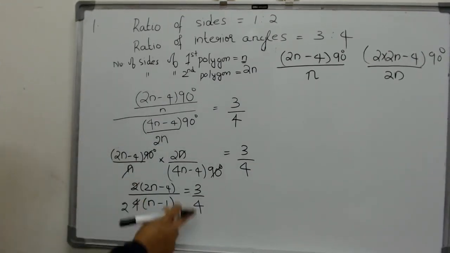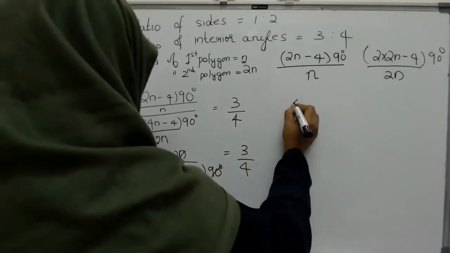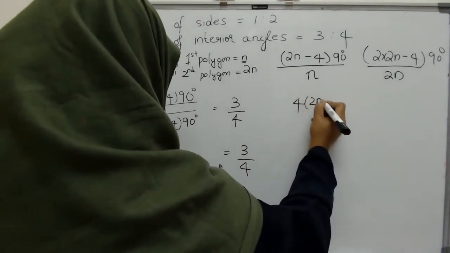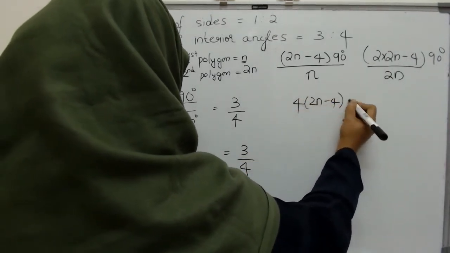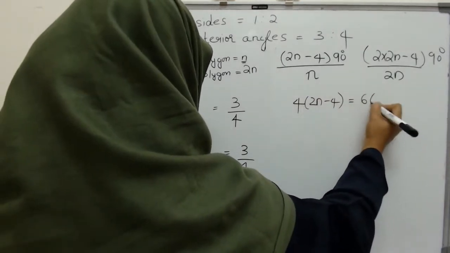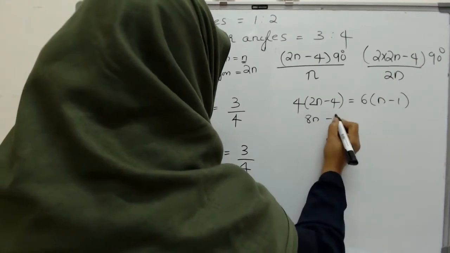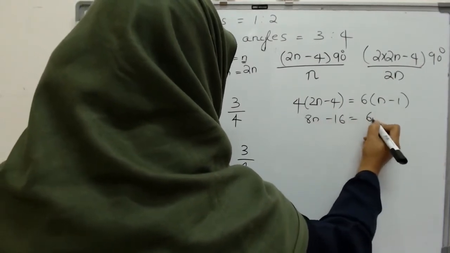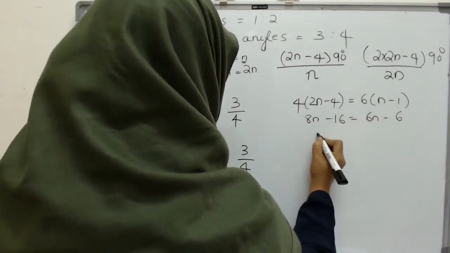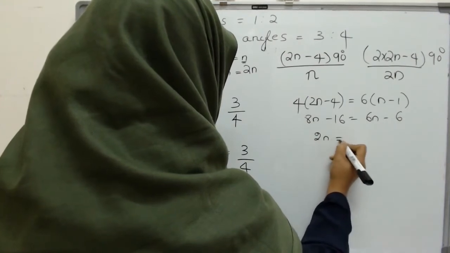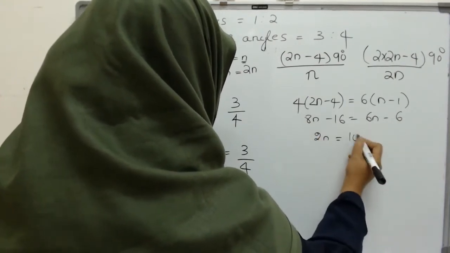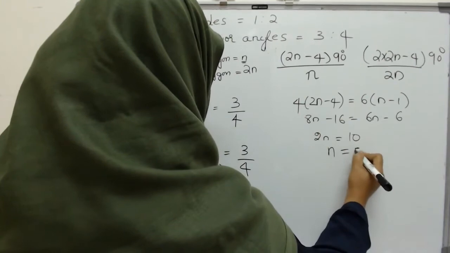Then what do we do? We cross multiply. So this was 8n minus 16 is equal to 6n minus 6, which means 2n is equal to 10, which means n is equal to 5.